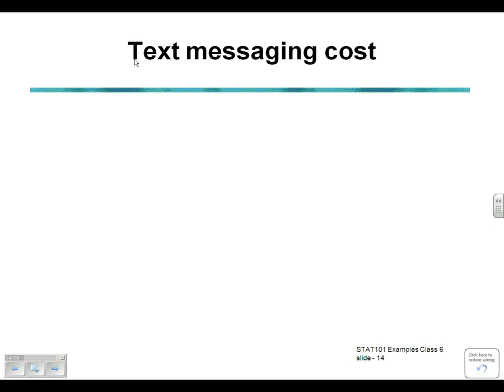So again, recall here that we're writing X is a Poisson variable with a lambda value of 500. And our total cost is equal to 10 plus the cost per text, 0.01, multiplied by the number of texts sent, X.